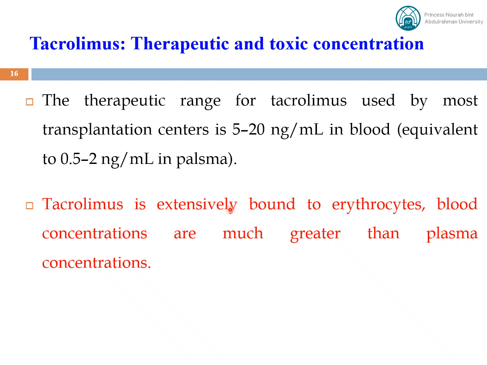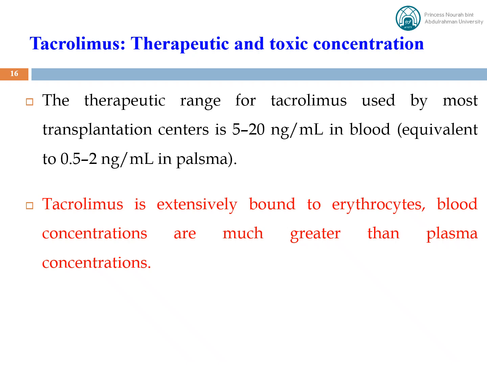Just for comparison purposes, if we compare the therapeutic concentration for tacrolimus with cyclosporin, as you noticed, for tacrolimus it is 5 to 20 nanograms per milliliter in the blood.